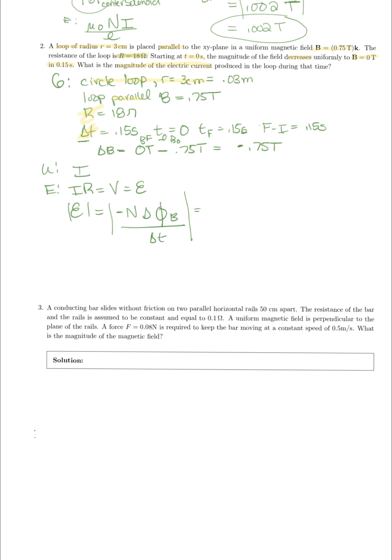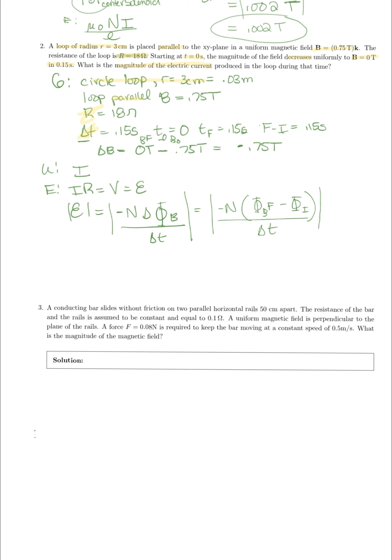Well, again, another way to write that is going to be negative N, final minus initial, over change in time.